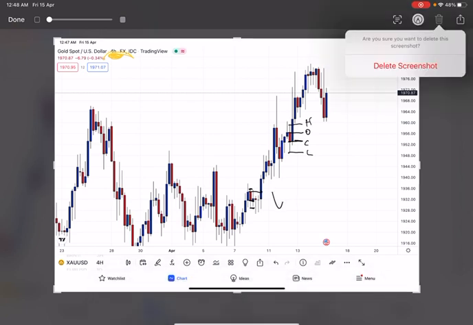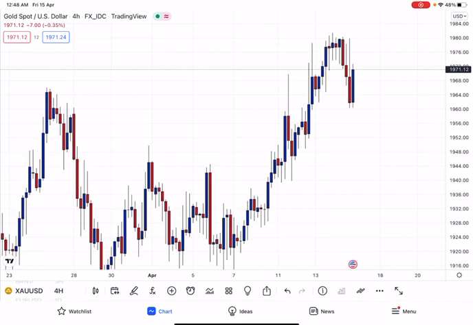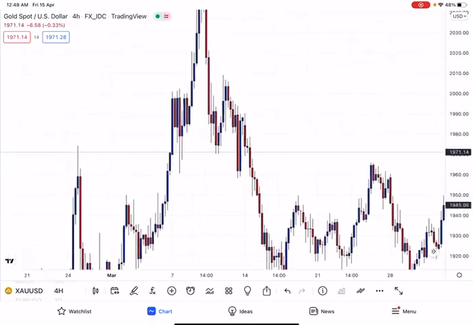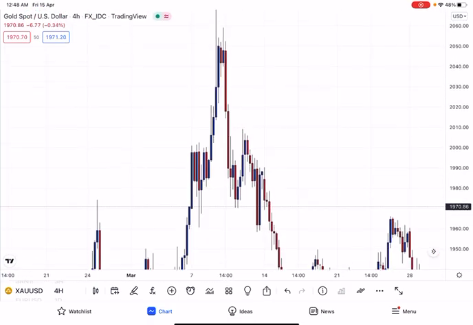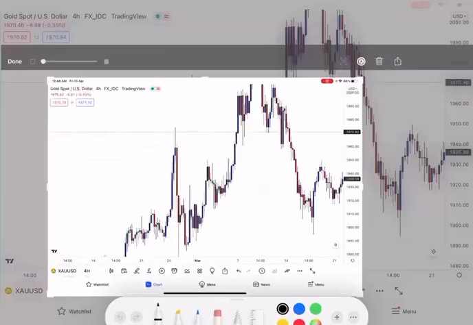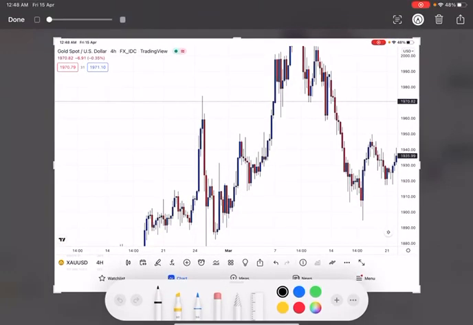All right? Now, let's have a look at the example a little bit further. Let's look for a bullish candle. Okay? All right, let's take a screenshot. Now, this is a bullish candle. This is actually the last bullish candle before the big drop, correct?